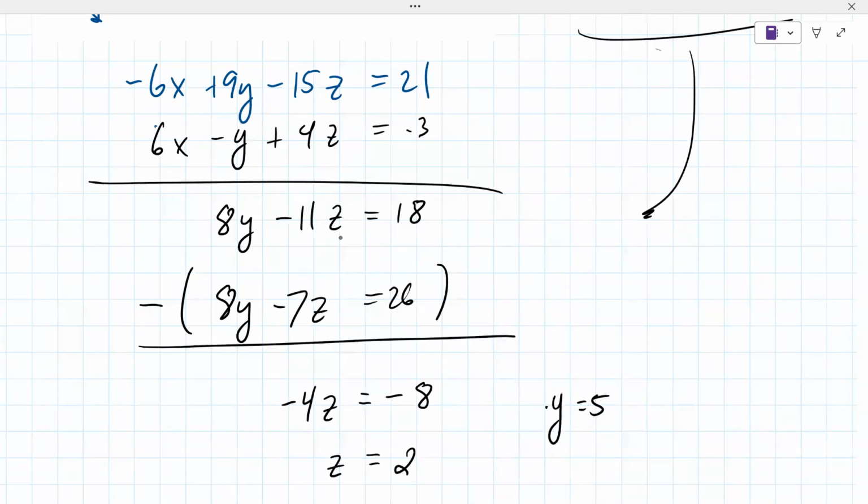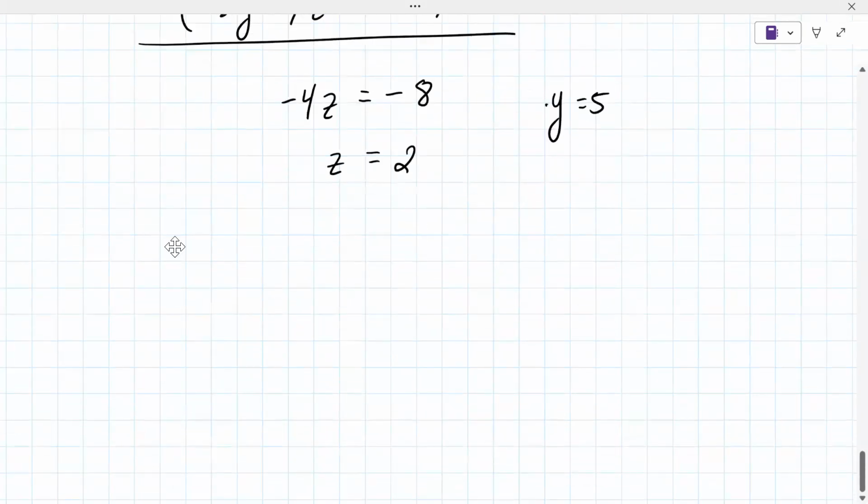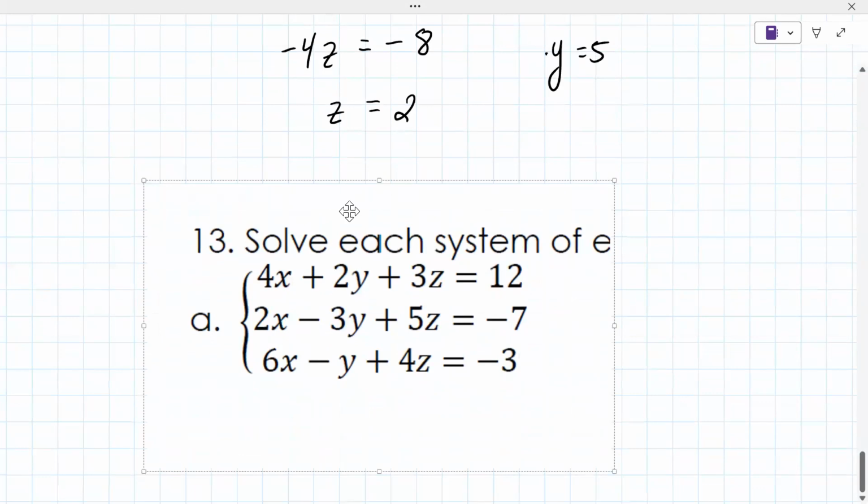Okay, good. And now you can go back to any one of the original equations and solve for x. There's not a good one. I kind of like the top one because it's all pluses. I couldn't say for sure.